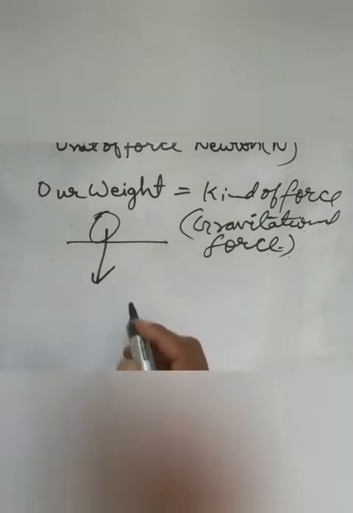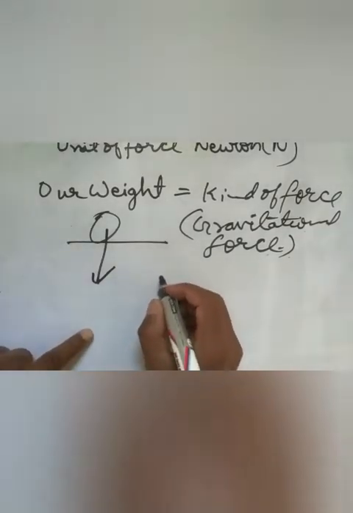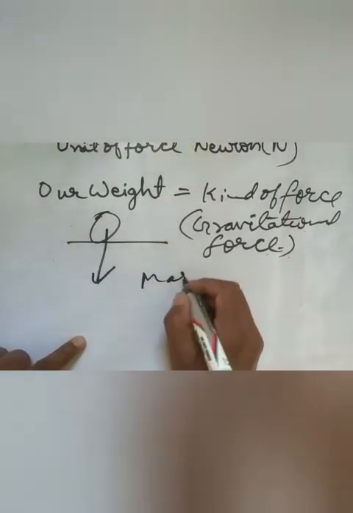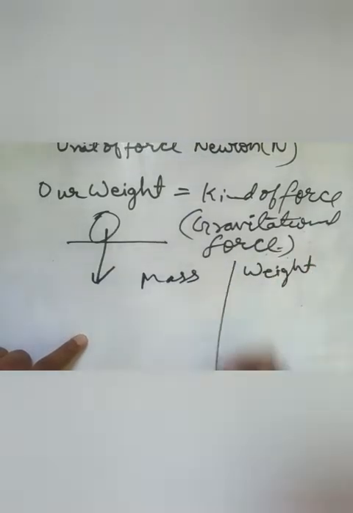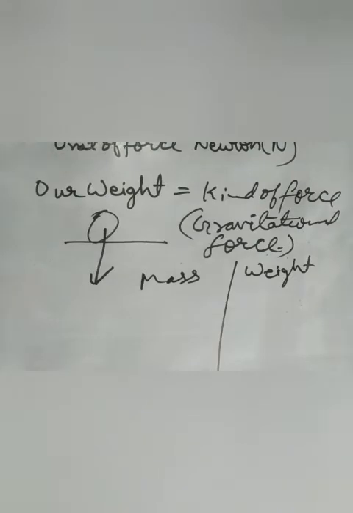Here I want to clarify the fact there are two terms, mass and weight. There is a confusion between both of them. So I have a separate video on it. Watch it. But here I quickly summarize.